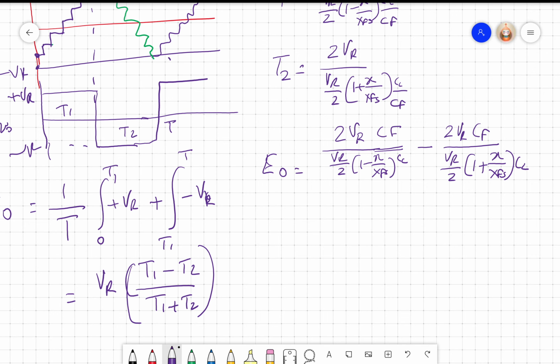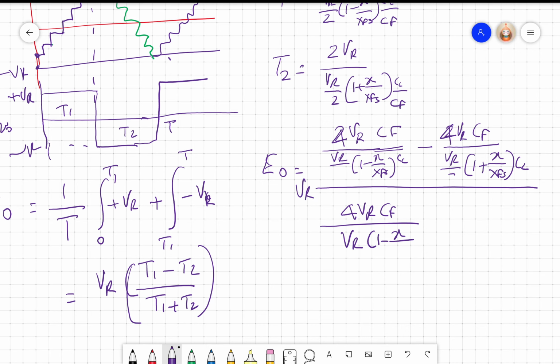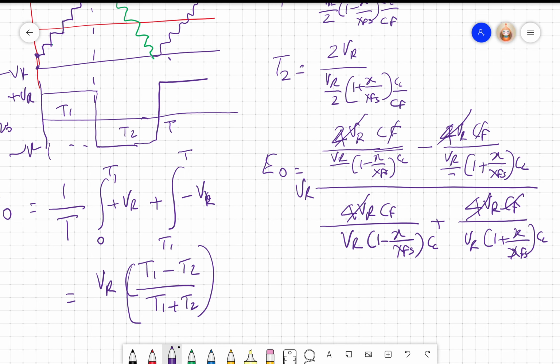So I can even take this 2 in the denominator and put this as 4 VR. Then 4VR cancels, Cf cancels, VR cancels, and Cc cancels.